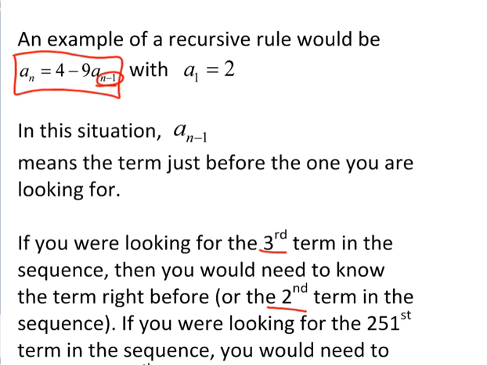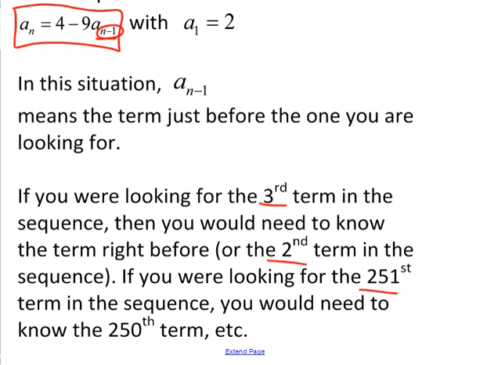If I want the 251st term, then I would need the 250th term. But if I want the 250th term, I need the 249th term, which means I need to know the 248th, the 247th, the 246th. You get the idea.